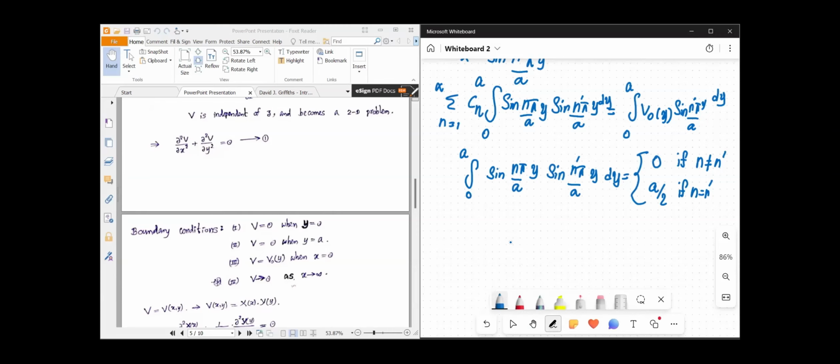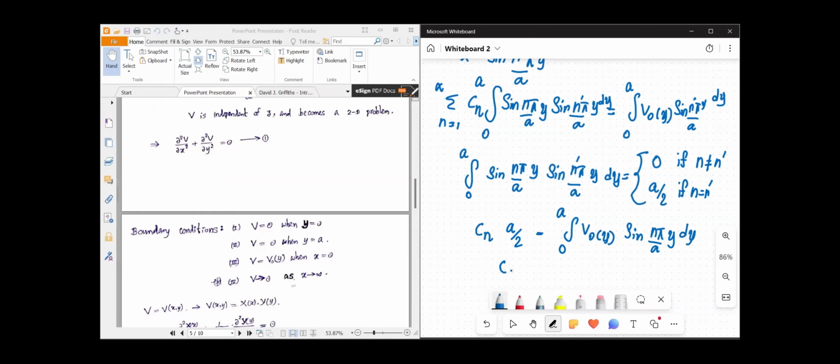Therefore, from the summation, it will reduce to only one n. So Cn times a over 2 is equal to the integral from 0 to a of V naught of y sine nπ/a y dy.